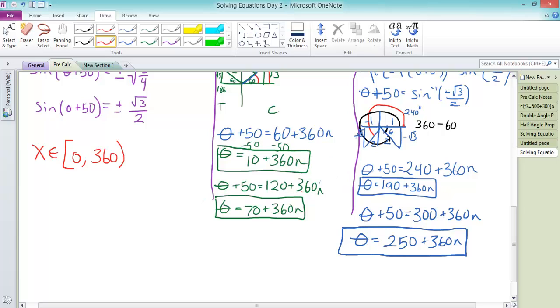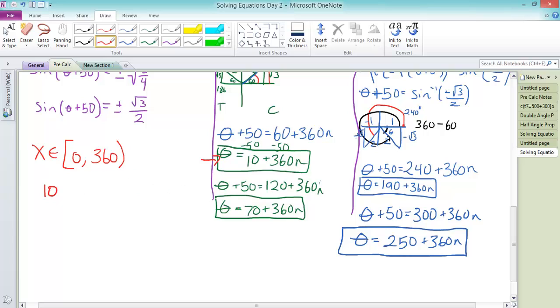So for this first equation right here, if I plugged in 0, I would get 10. So I'm going to write 10. If I plugged in 1, I would get 370. 370 is bigger than 360, so I'm not going to write it.